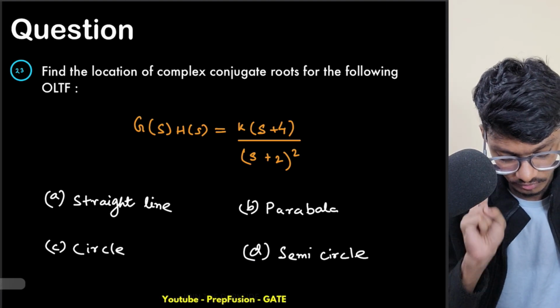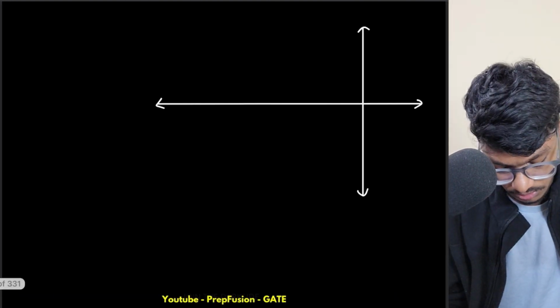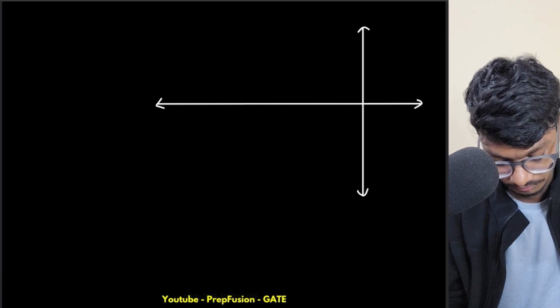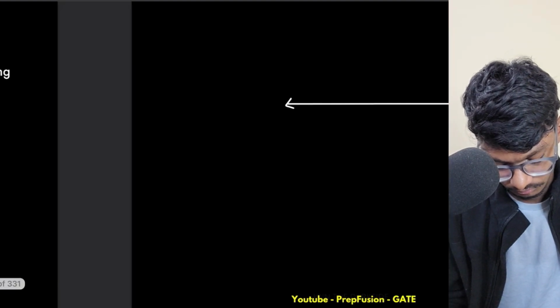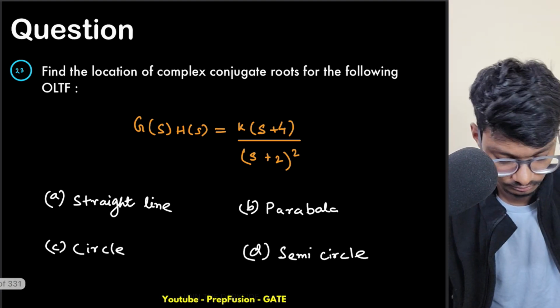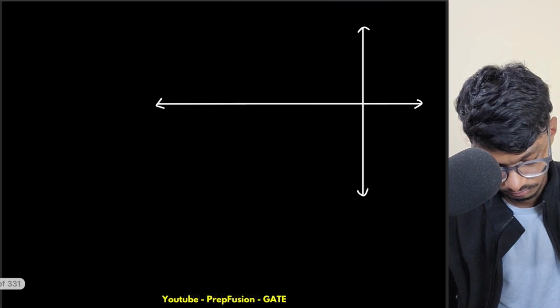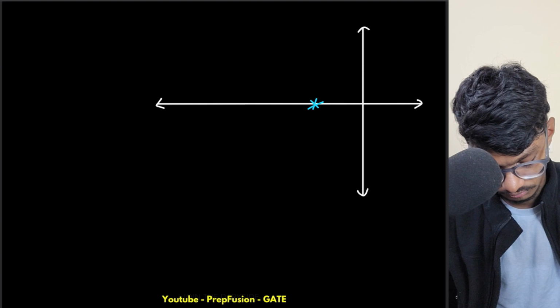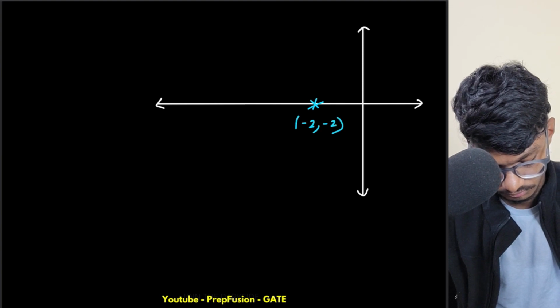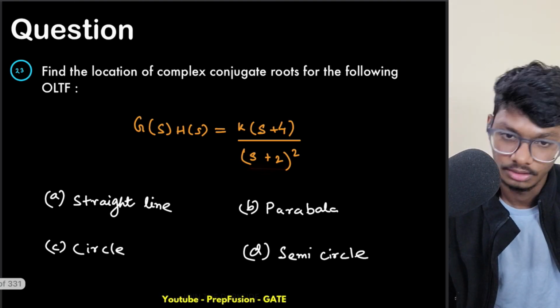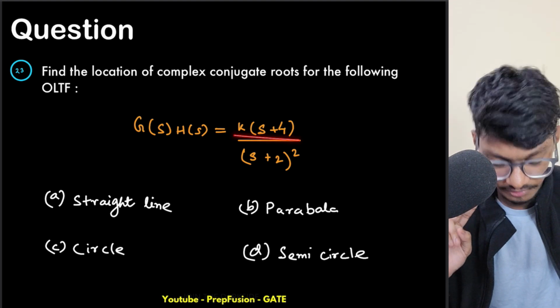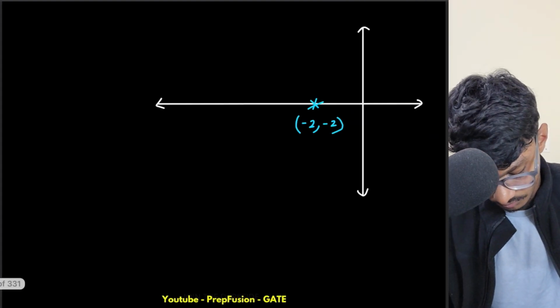So I have two roots, two roots. Minus 2, and I have 1, 0, minus 4.